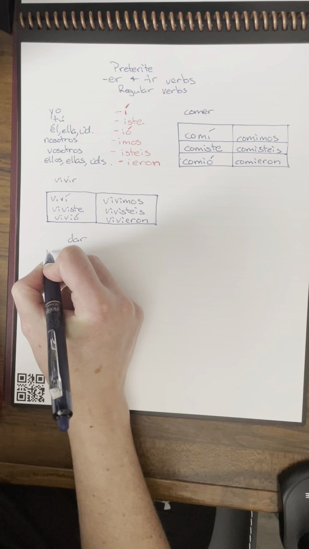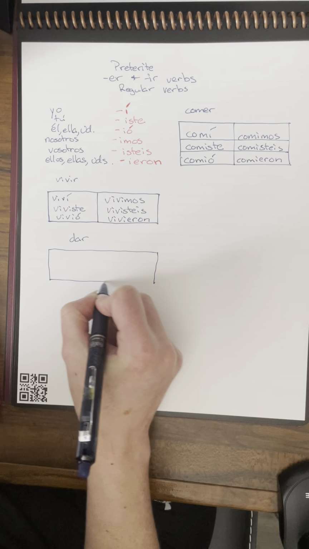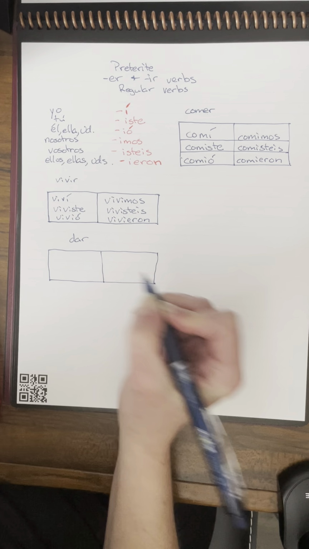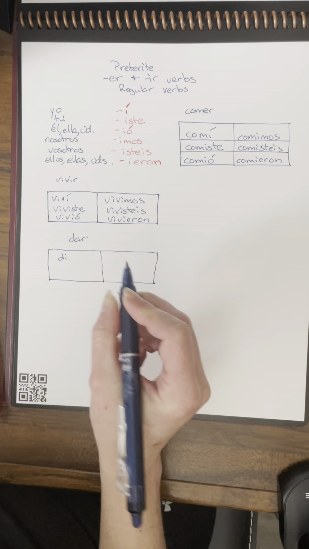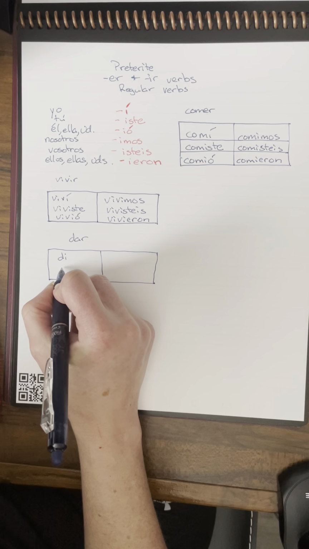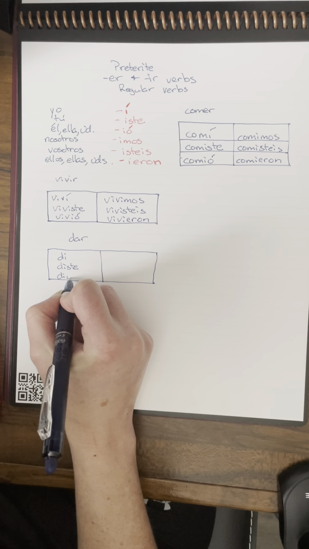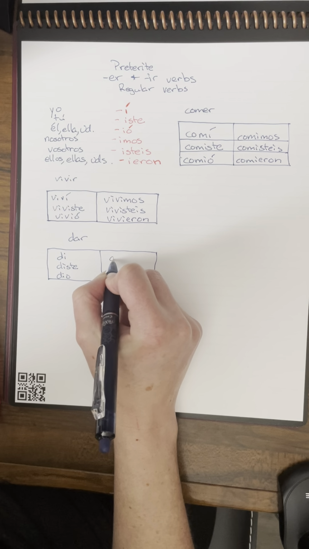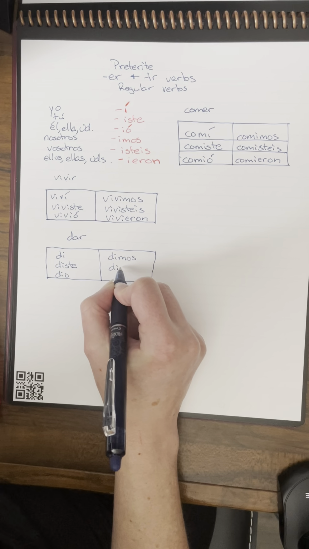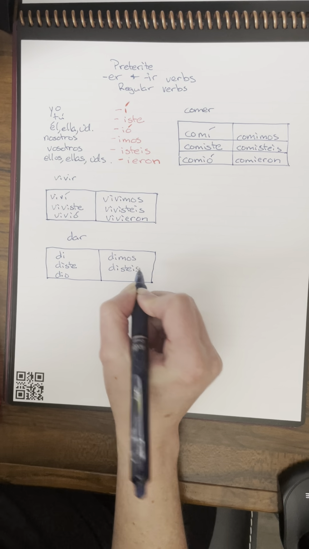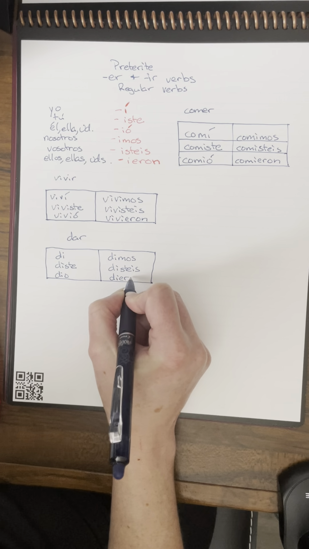So let's look at dar here. Okay, so dar, your yo form is di. Tú diste. Él, ella, usted dio. Nosotros dimos. Vosotros disteis. And ellos, ellas, ustedes dieron.